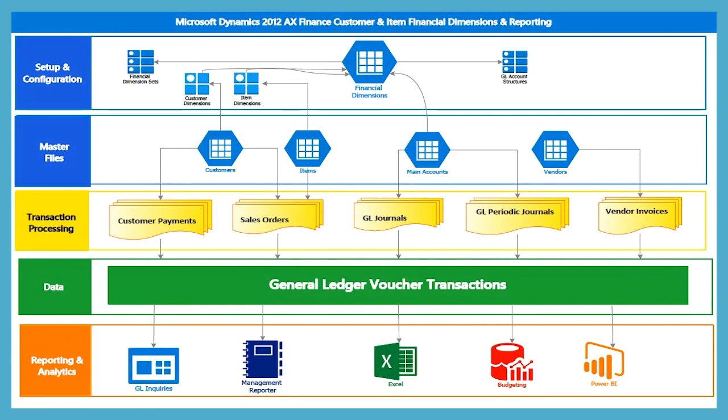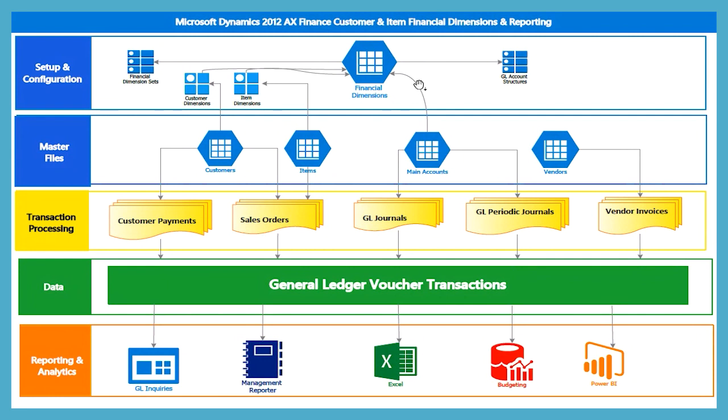Okay, so we have on the screen here our blueprint or our roadmap to today's presentation. As I stated earlier, we're going to be presenting a customer and item profitability analysis solution using the D365 Finance and Operations modules. Today's presentation will feature financial dimensions as the central element of the solution. So you can see financial dimensions here in the center at the top bar.